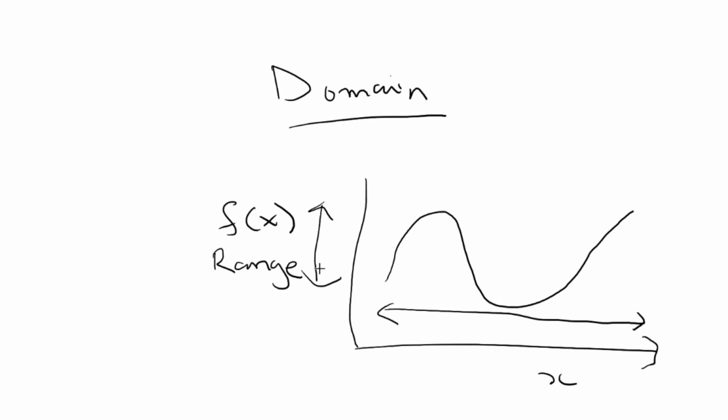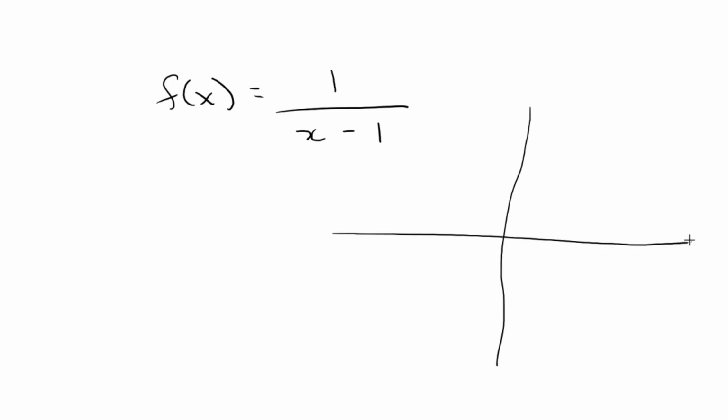So let's have a look at a function that is discontinuous at some point. So let's suppose we've got f of x is equal to 1 over x take 1. Right, how does that look? Well, if you were to sketch it, it looks something like this. You'd have a curve going like that, and then you'd have a curve around here going like this. And around about where x equals 1, you'd have what you call a discontinuity, right?